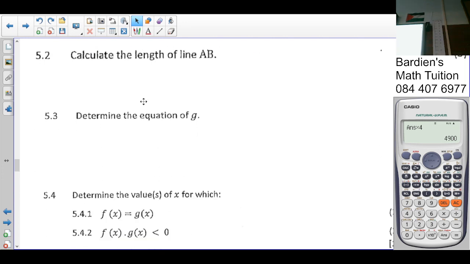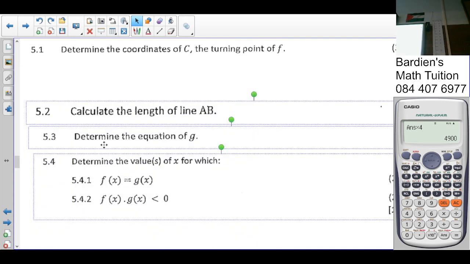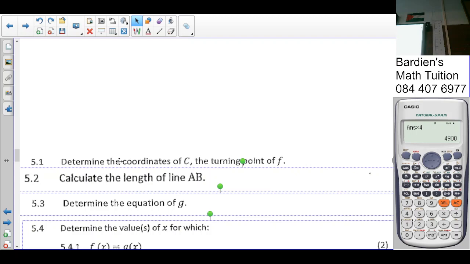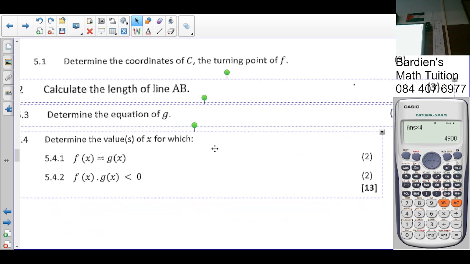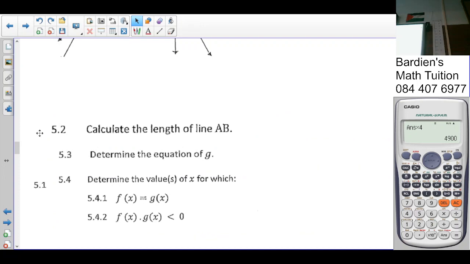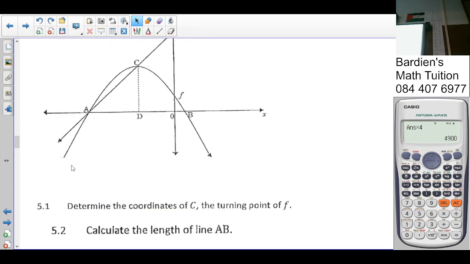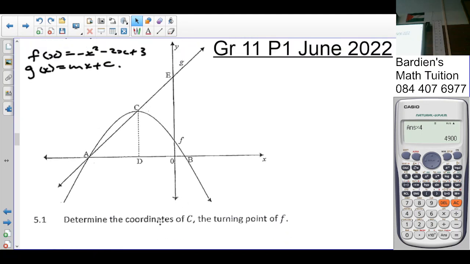Right, first question. Determine the coordinates of C, the turning point of f. How do you calculate turning point? Minus b over 2a.